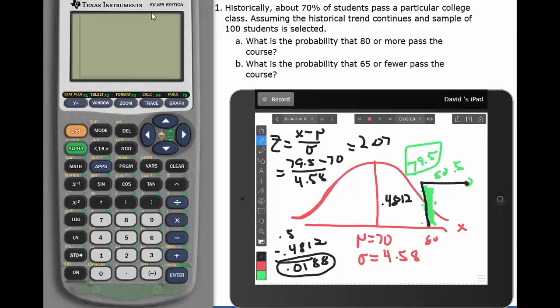If we were going to use our TI calculator to get that probability, we could go to second distribution. Need to turn this on first. And second VARS, which is to give us the distributions, and go to normalcdf, hit enter, and our lower limit is 79.5.